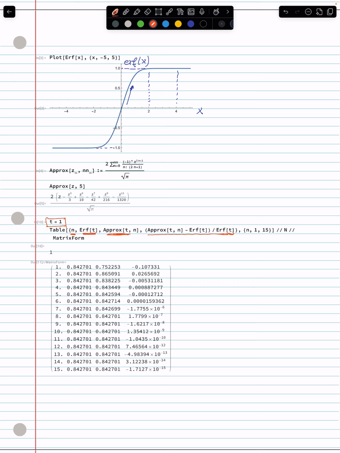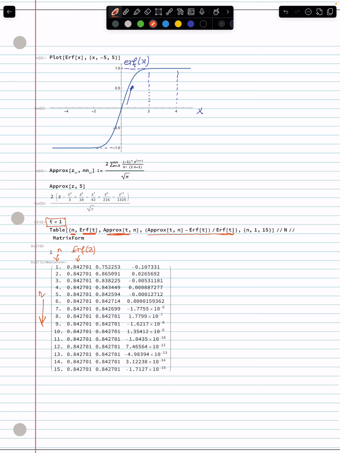The first one is n, the truncation order. The second one is the error function of t, which, as we grow the truncation order, n running from 1 to 15, is constant because it does not depend on n. So I just copy pasted this value in all lines just to make sure we have something to compare with.